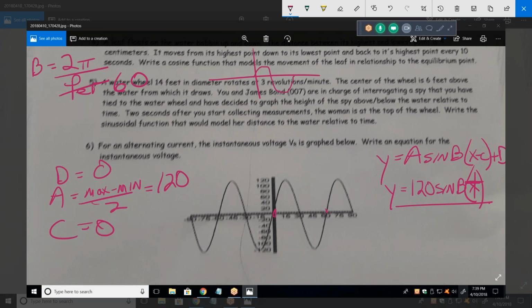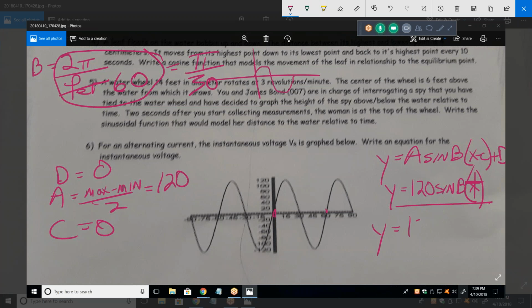60? Oh, wait. No, it's 2 pi over 60. So if I divide top and bottom by 2, it's pi over 30. Not 30, pi over 30. So now we have everything.